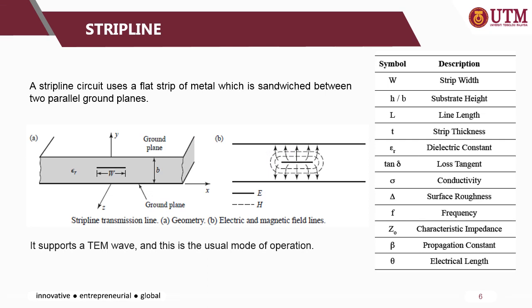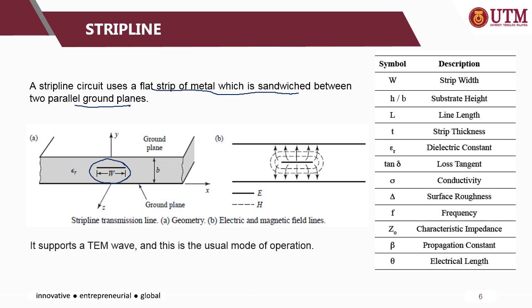Okay, as has been discussed earlier, the strip line basically includes a flat strip of metal which is sandwiched between two parallel ground planes. So this is the microwave strip line.